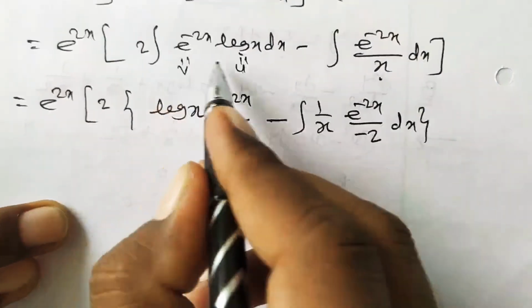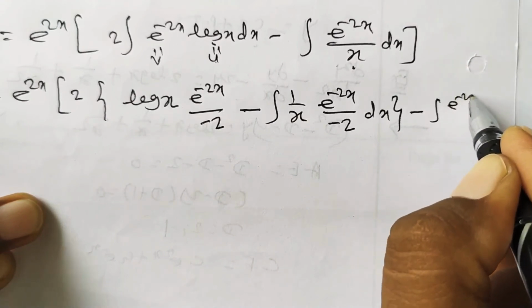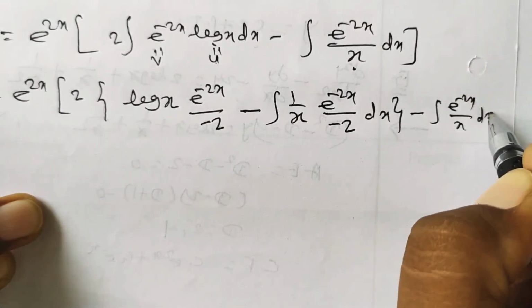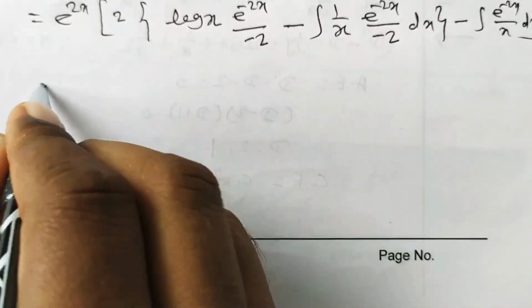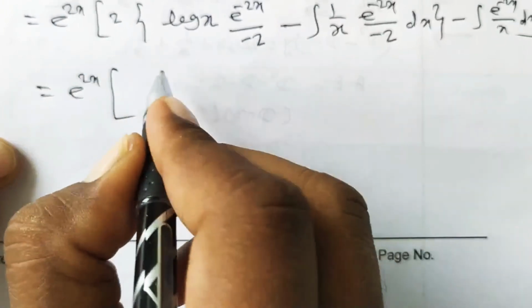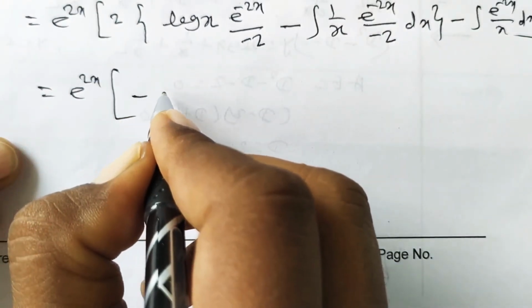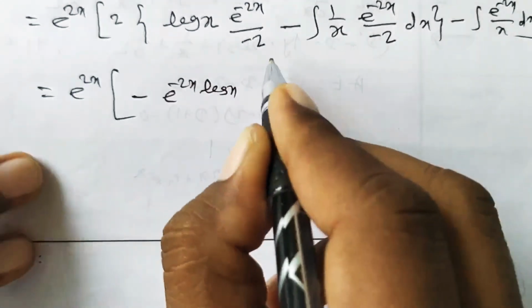So this is the integration of this term, and this term stays as it is, minus integration of e to the power minus 2x upon x into dx. The square bracket is complete here, and it is equal to e to the power 2x into, this 2 gets cancelled, so minus e raised to minus 2x into log x.